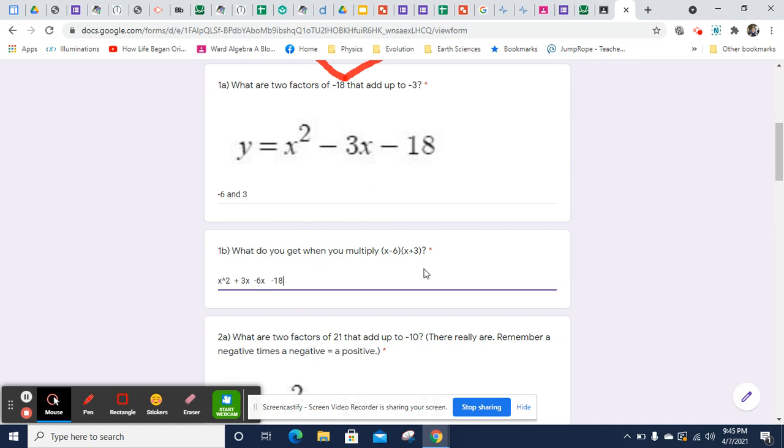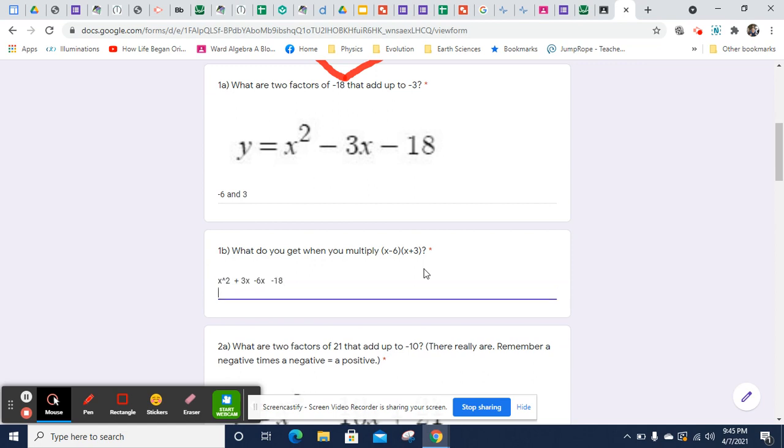If I put all that together, I end up with x squared, and then plus 3x minus 6x becomes minus 3x. You can simplify that, and we end up with x squared minus 3x minus 18.